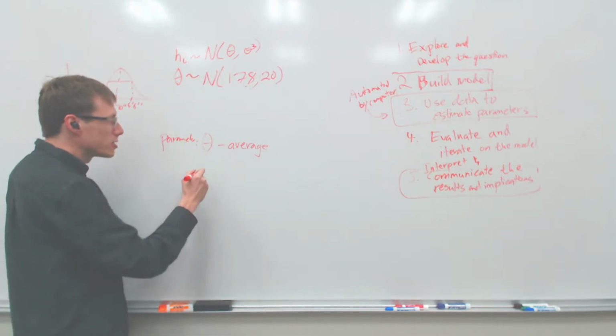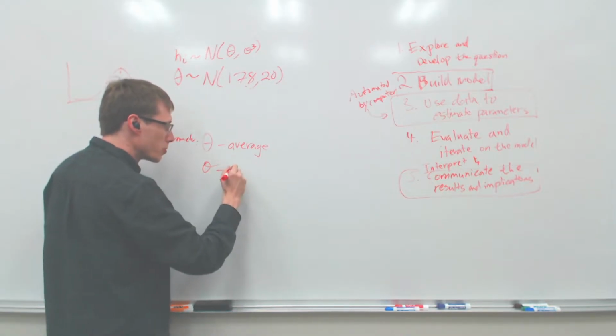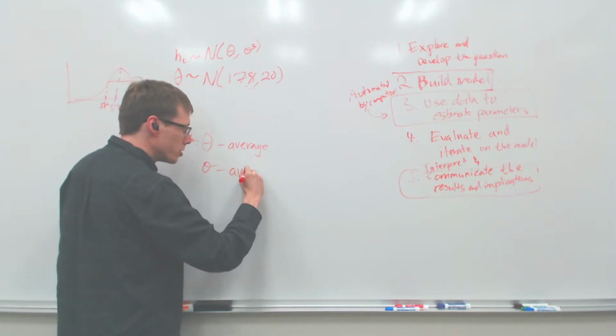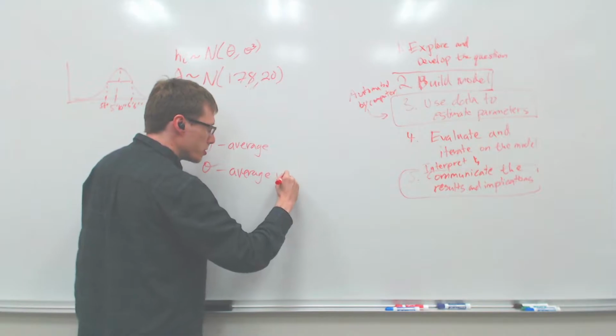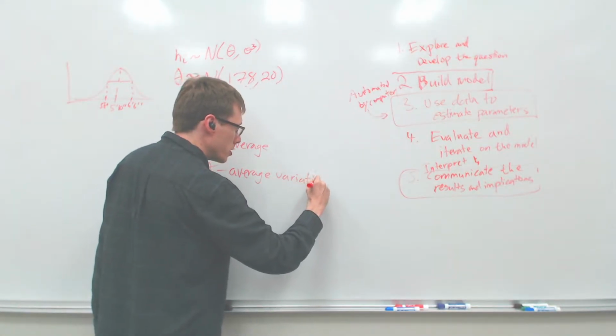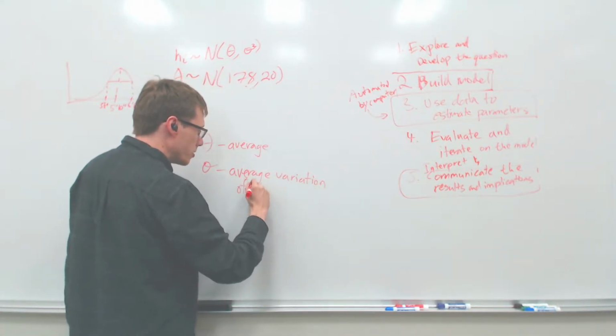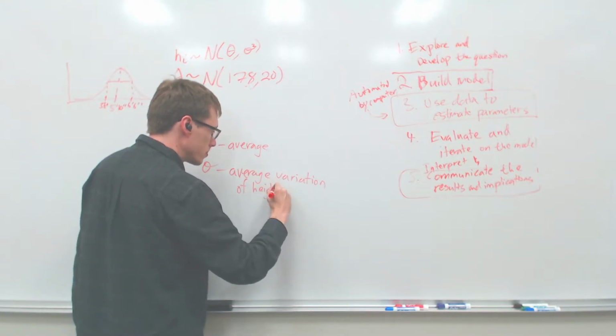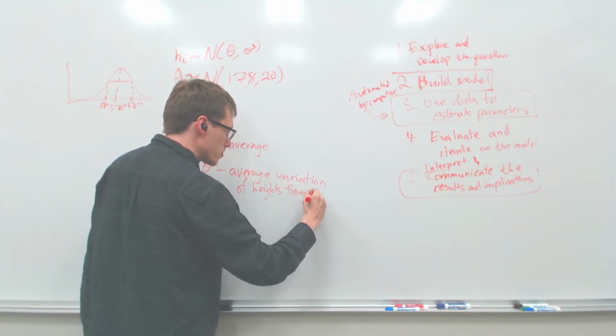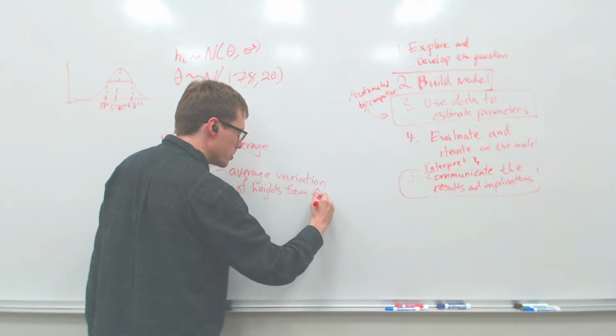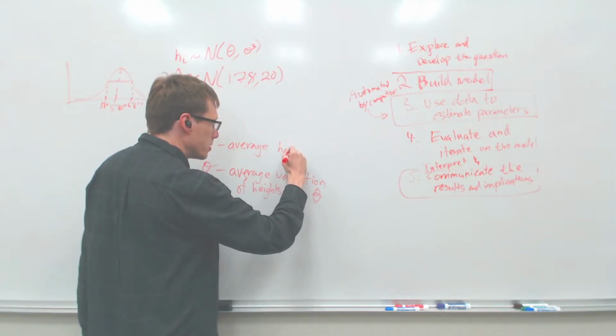So we actually now suddenly are stuck with a second parameter, which is the average variation of heights from the mean, from theta, the average height.